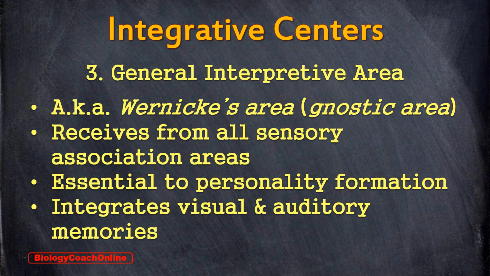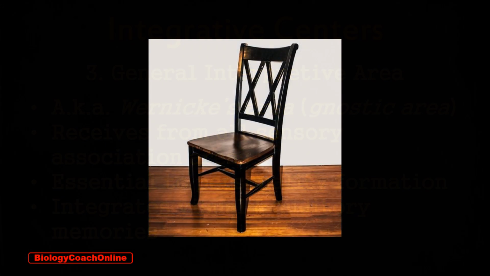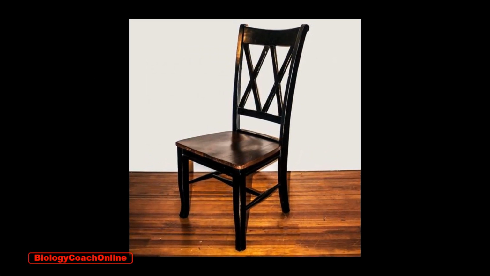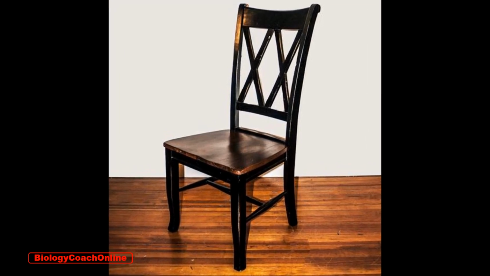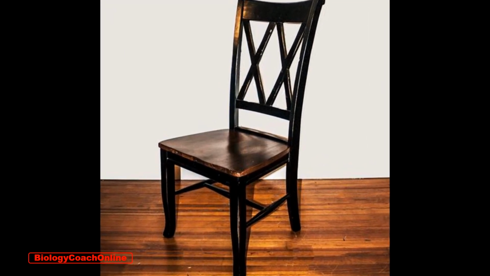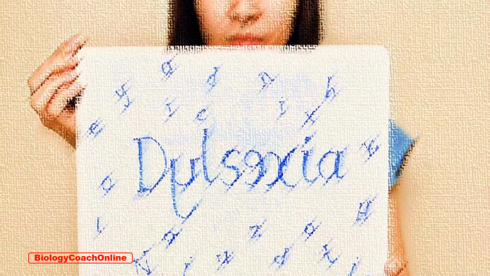So, for example, damage to one part of Wernicke's area may leave you able to see and recognize a chair, but unable to name it chair due to the disruption of the connection to your visual association area. Some forms of dyslexia are the result of problems processing and integrating visual information.